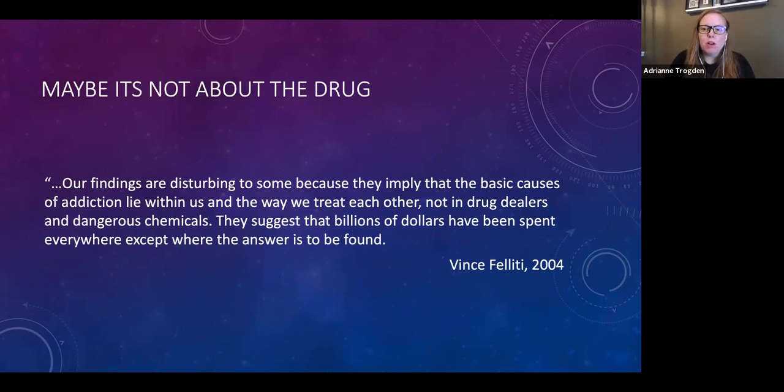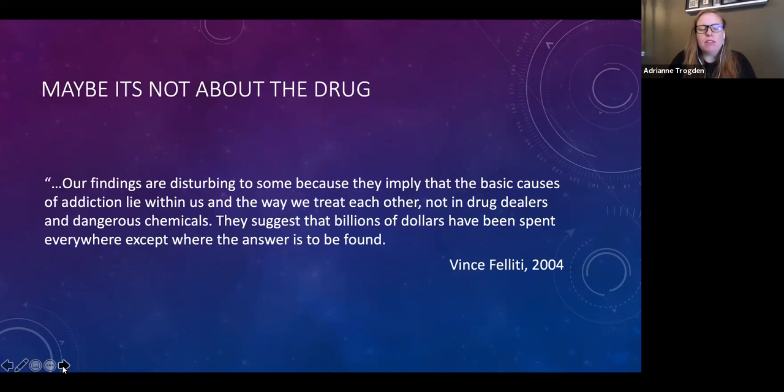So maybe if we could work on dealing with some of these adverse childhood experiences in a more productive way, then it wouldn't lead to all these issues in adulthood. And his last sentence here suggests that billions of dollars have been spent everywhere except where the answer is to be found. So maybe we're not spending our money society-wide on the right things, which I thought was an interesting look at the findings here, an interesting perspective.